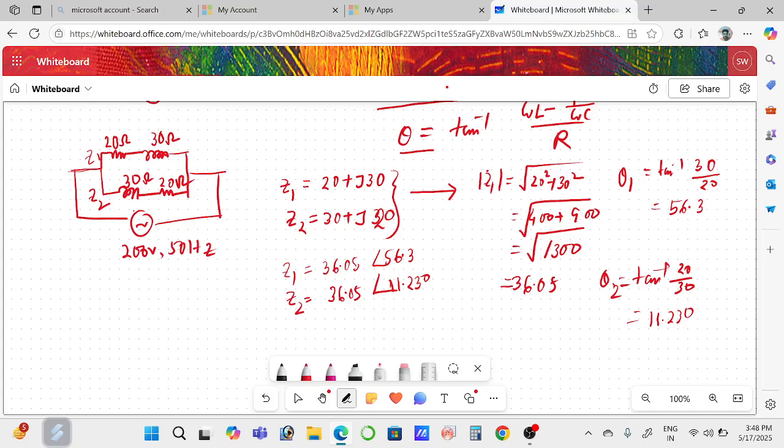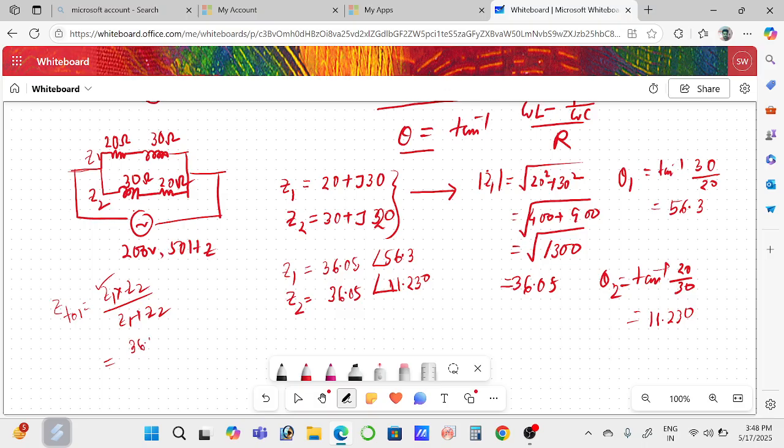Now we have calculated the Z1 and Z2 here. Now Z1 and Z2 are parallel, so the total impedance Z total can be calculated using the formula Z1 into Z2 divided by Z1 plus Z2. So here is multiplication. In case of multiplication, we just multiply the magnitudes of Z1 and Z2.